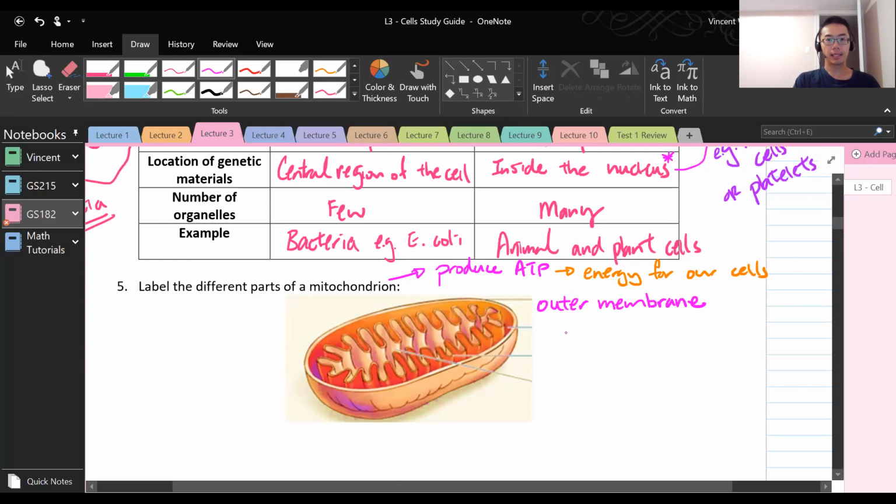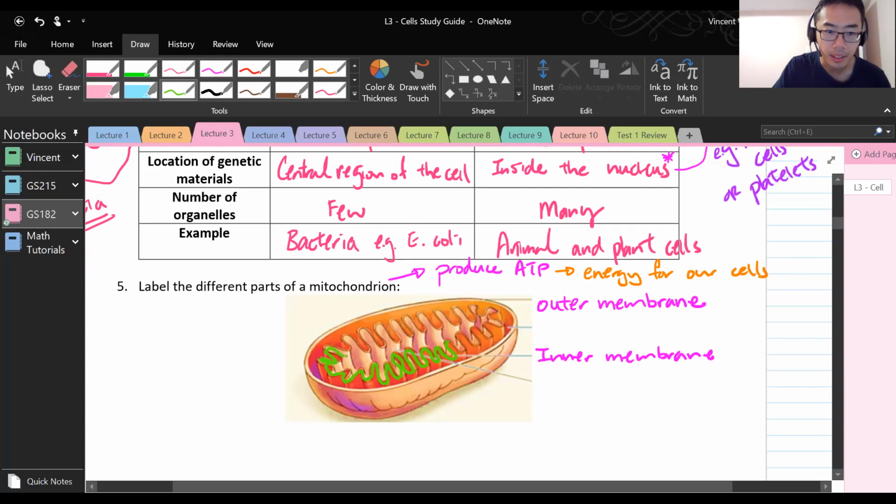Then you can see there is an inner membrane here, and it's being folded up. Maybe it's a little hard to see, so let me outline it for you. Let's use green. This is the inner membrane.